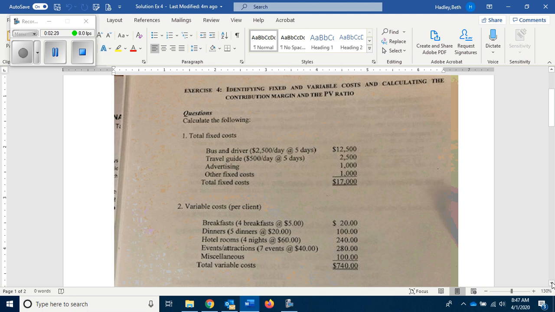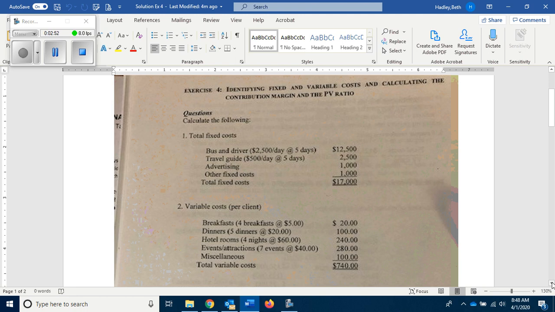Then we have dinners, 5 dinners at $20 per dinner. Obviously, lunches are on your own, as a lot of tour companies do. Dinners are built into the price that the client pays. So $20 per dinner times 5 dinners is $100 for dinners per client.